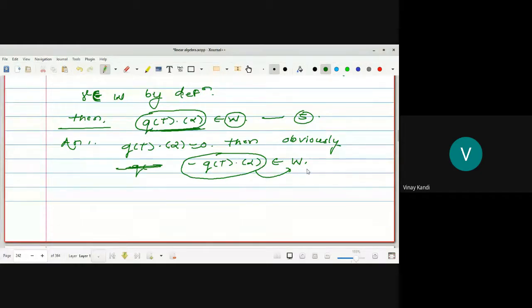So from 4 and 5 we have the addition of the two. What is 4?